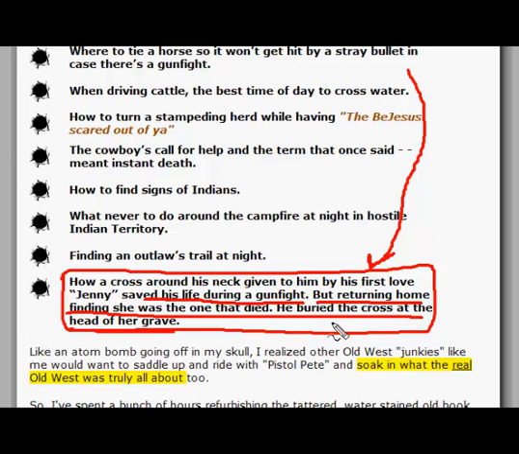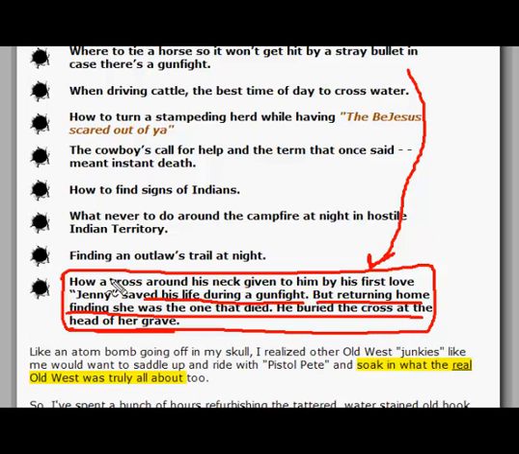leave me in some suspense here. So instead of saying that, let me see what I can say here. Okay, so an example here, instead of saying how a cross around his neck given to him by his first love, Jenny, saved his life during a gunfight, but returning home finding she was the one that died, he buried the cross at the head of the grave.